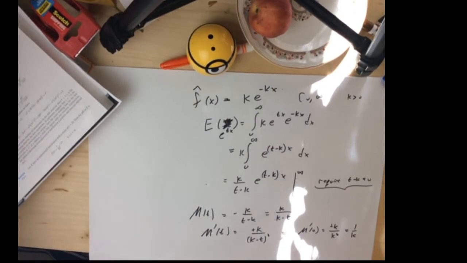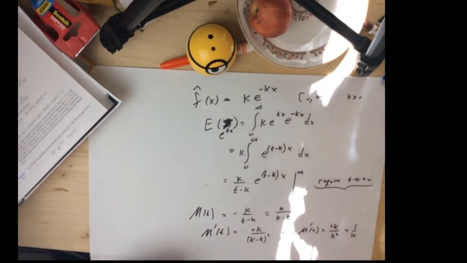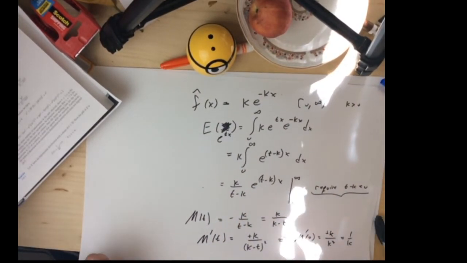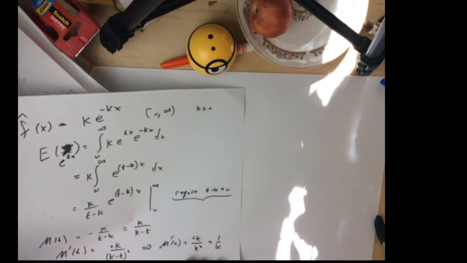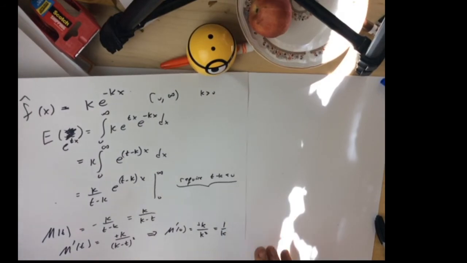It seems that writing our function with a k in this fashion wasn't the best way to write it, since my expectation is 1 over k and my M of t looks bad. So it turns out that this entire function can be redefined if we just use a nicer variable. So what I'm going to do now is redefine my exponential function.